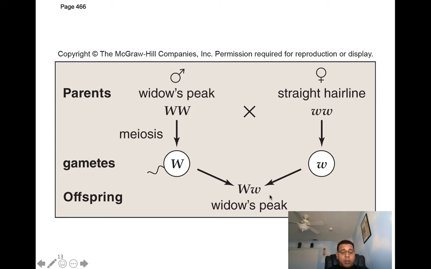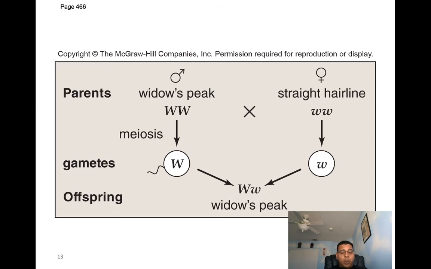Now, these children are monohybrids. That means they are heterozygous for only one pair of alleles. Let's see what happens if they mate with others of the same genotype.